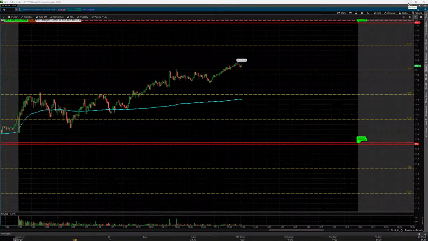QQQ is also trading above its volatility trigger that shifted higher from 366 yesterday to 372 today. So bullish shifts higher for the volatility trigger and call wall for QQQ.